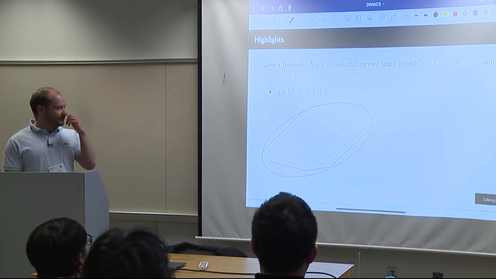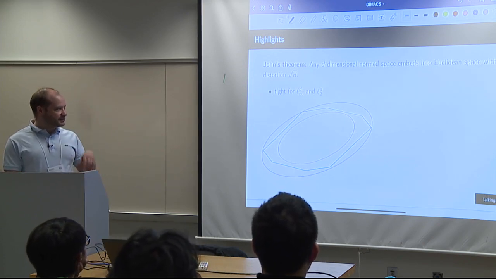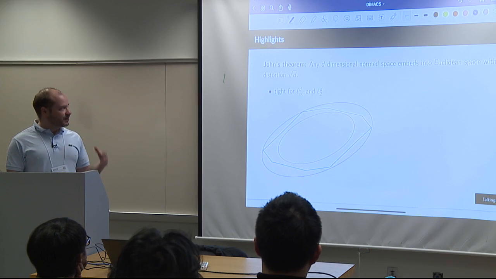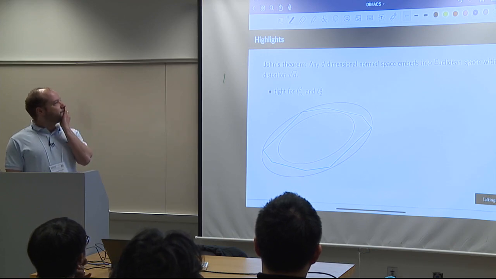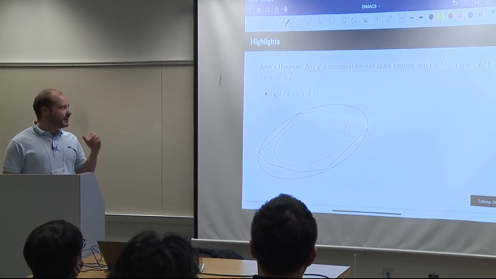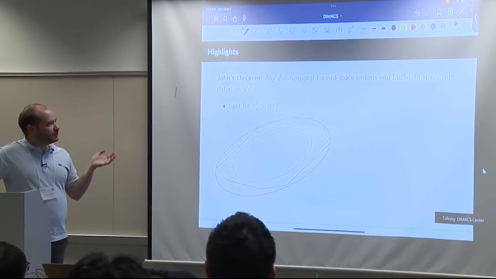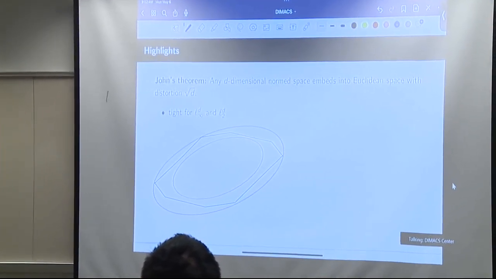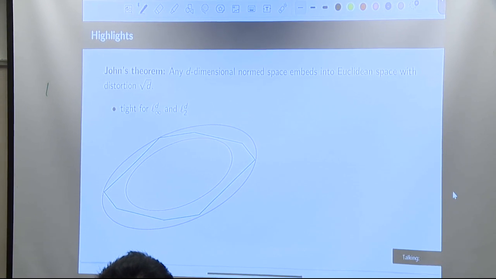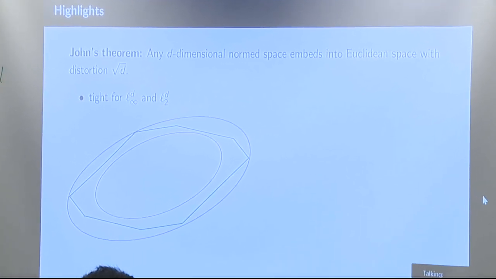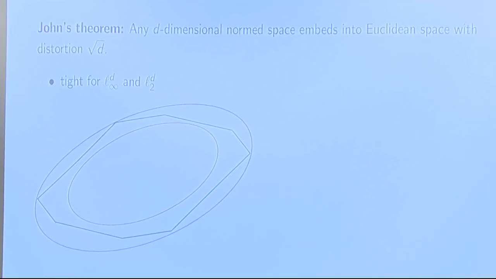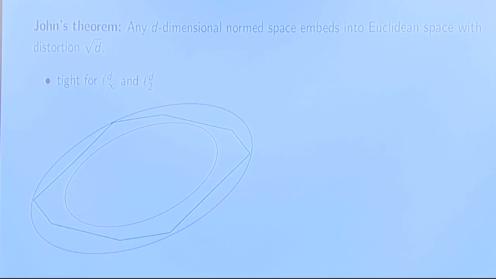Okay, so here's one very classical thing that we know about embeddings, a very basic important fact, John's theorem. One way to formulate it is that any d-dimensional normed space embeds into Euclidean space with distortion square root of the dimension. This is potentially very useful in low dimensional settings.